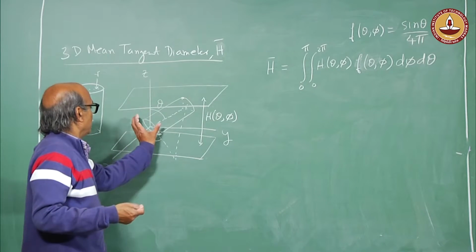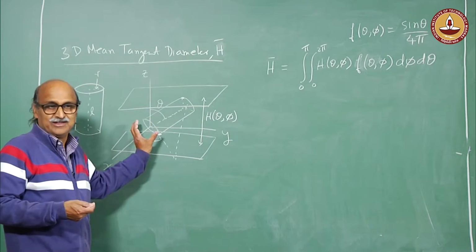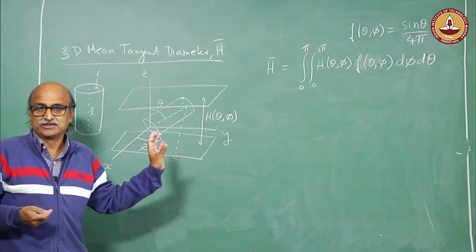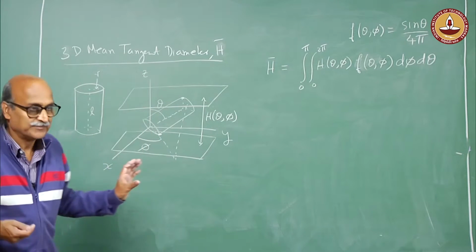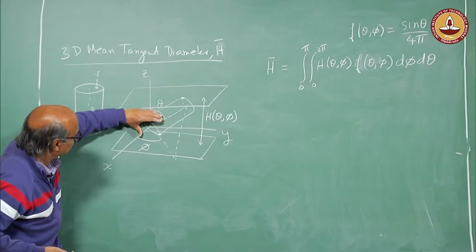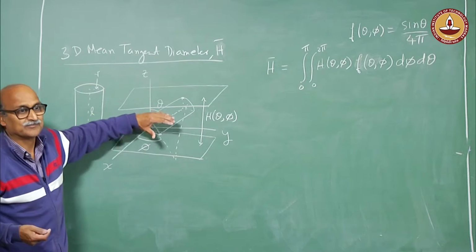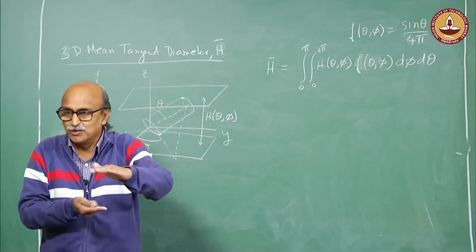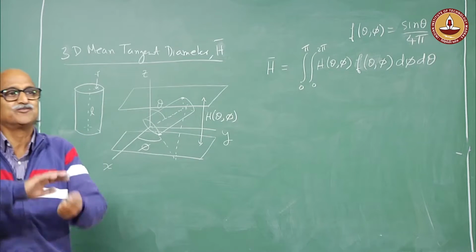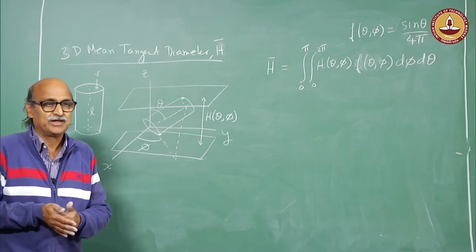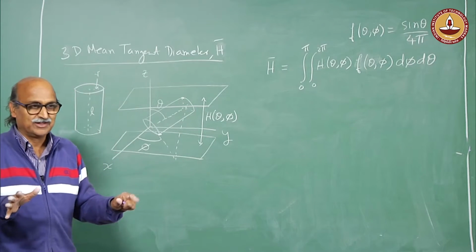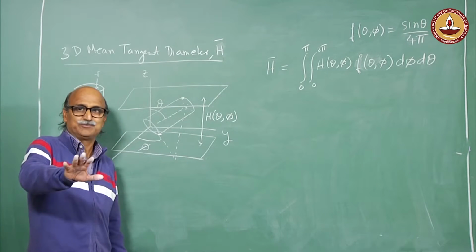If theta is 0, then the cylinder is upright, and it is simply the length of the cylinder L. If theta is 90 degrees, it is lying down, then the tangent diameter will be 2r. In between it will vary. That is how it varies with theta. How does it vary with phi if I keep theta fixed?